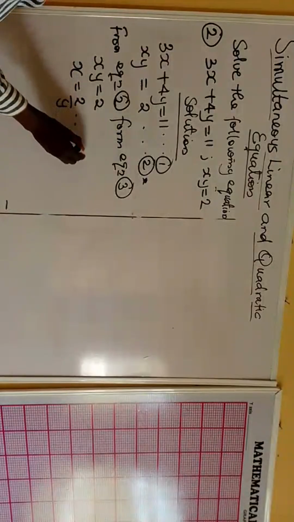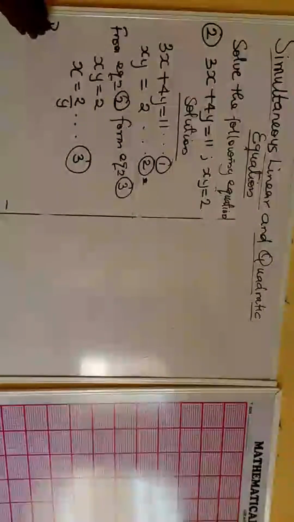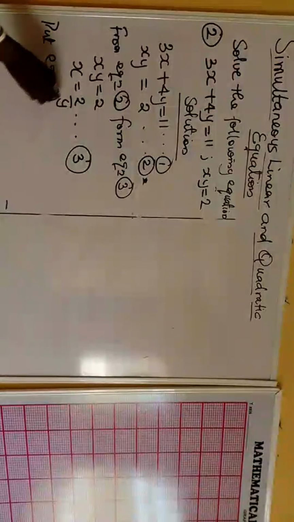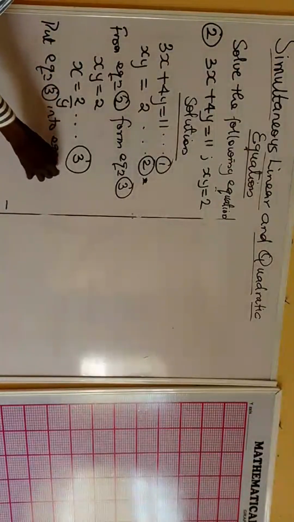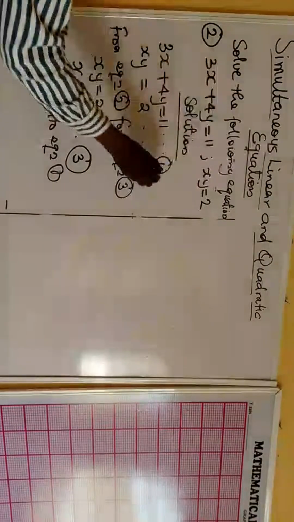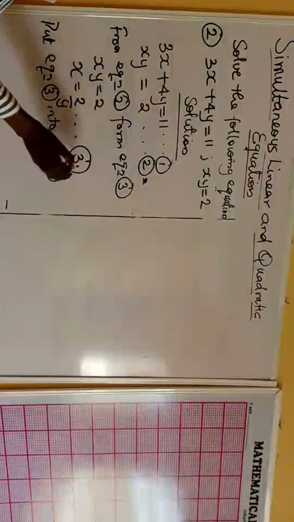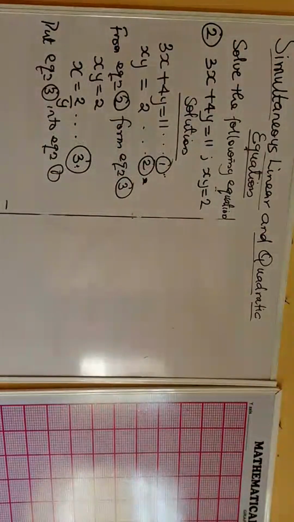I will call this equation 3. I will now put equation 3 into equation 1. Take note, it's from equation 2 I form equation 3. So I will put equation 3 into equation 1.